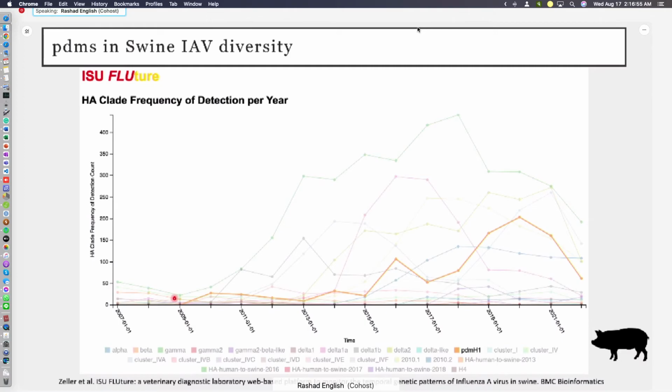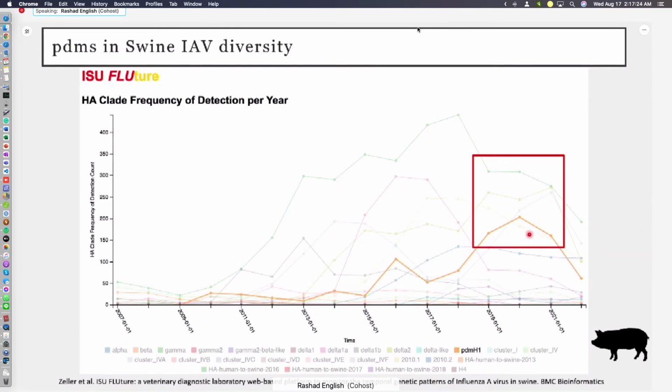To give you some context, this is a screenshot from the Iowa State University Flu Futures tool, where they track the detections of different swine endemic HA clades through time. These are detections in the Iowa State University Veterinary Diagnostic Lab. You can see lots of diversity, and highlighted in peach color is the pdm09 lineage.